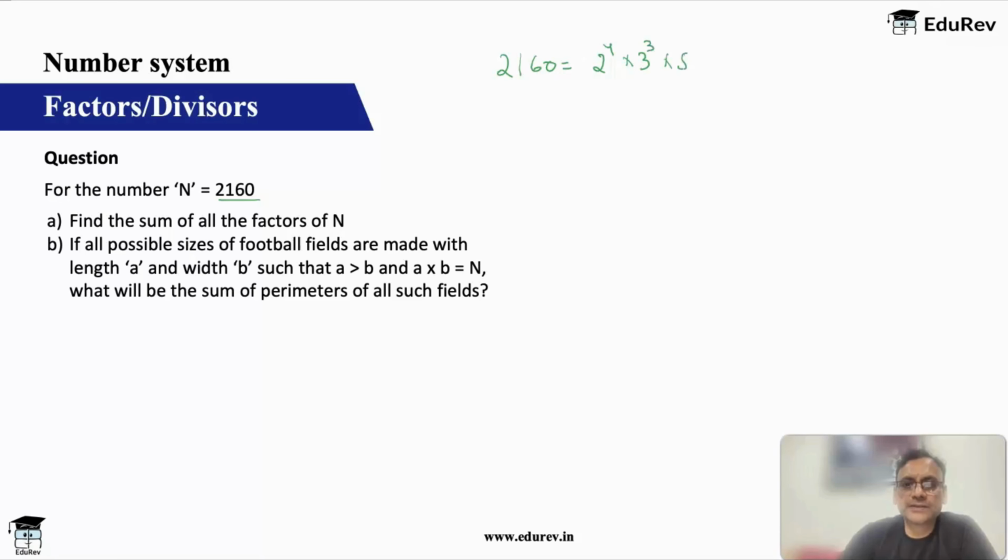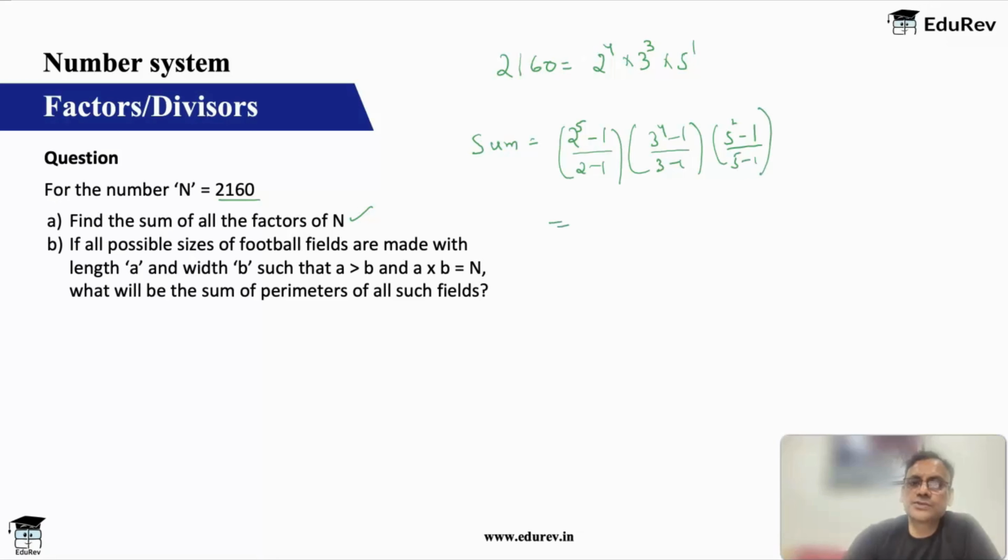So these are the factors. Okay, find the sum of all the factors. So obviously my sum is going to be 2 to the power 5 minus 1 upon 2 minus 1, into 3 to the power 4 minus 1 upon 3 minus 1, into 5 square minus 1 upon 5 minus 1.